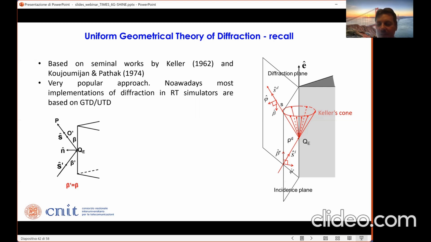And in order to take into account this effect in the ray model, we rely on the uniform geometrical theory of diffraction. So it is based on seminal works by Keller and Kouyoumjian and Pathak, and it is nowadays a very popular approach.